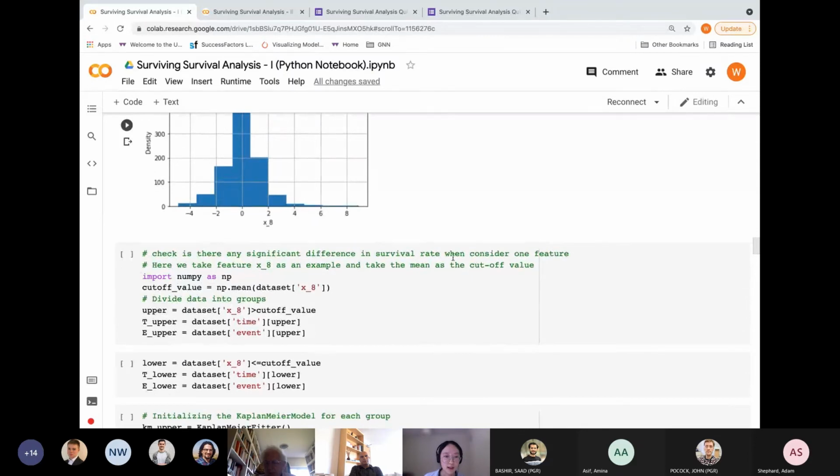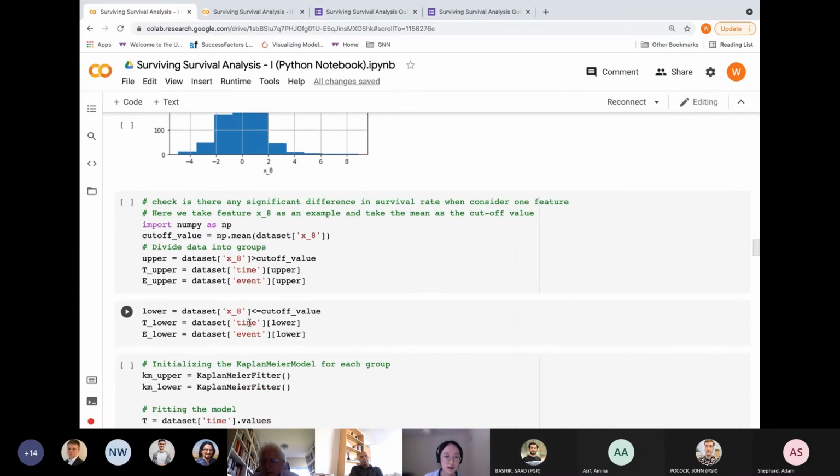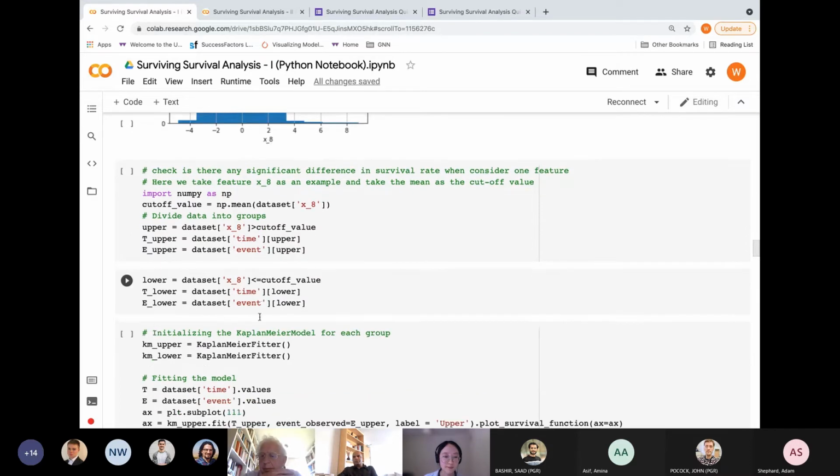Here we can assume this feature is the years of smoking. We take the mean value of this feature as the cutoff value and divide the whole data set into two parts. One group should have longer smoking years and the other group should have shorter years.